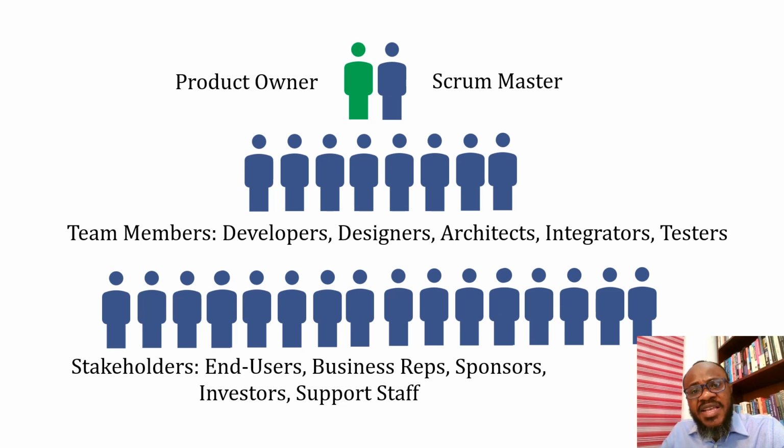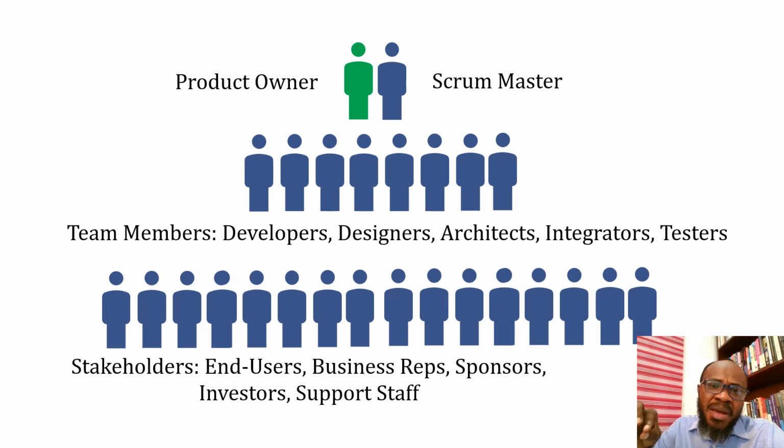Now, it's very easy to conclude that the product owner is the customer, especially when you are thinking generically or thinking traditional project management. Some people will say the product owner is the owner of the project, is the customer, or what have you. But the product owner is a member of the team.